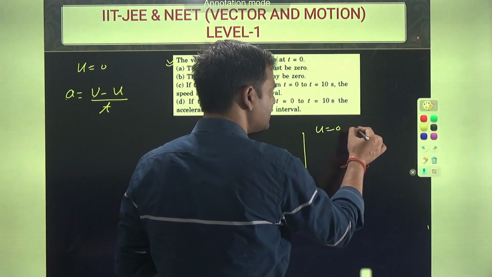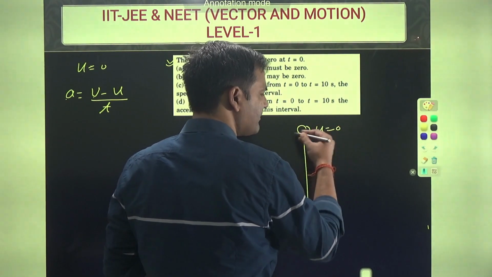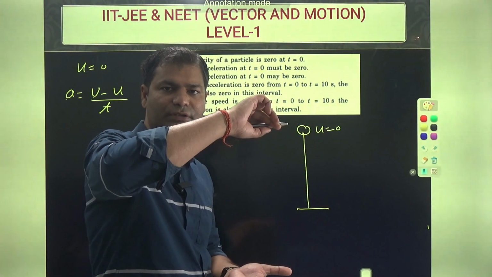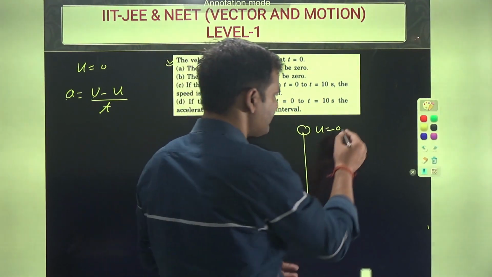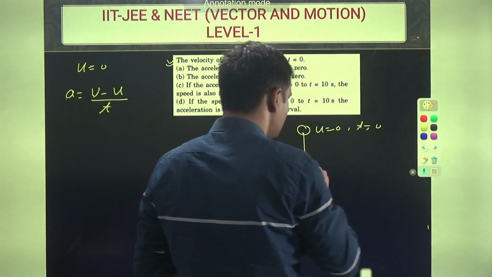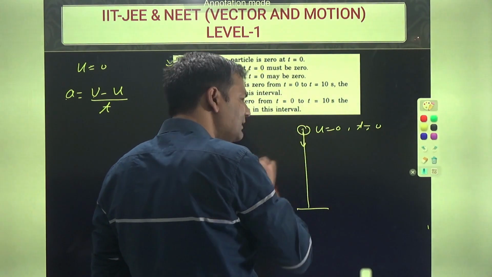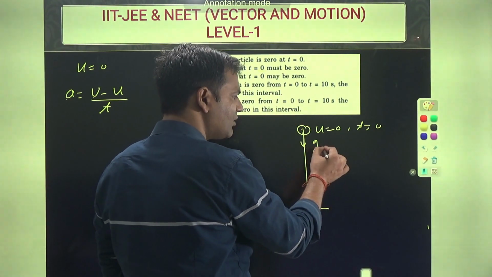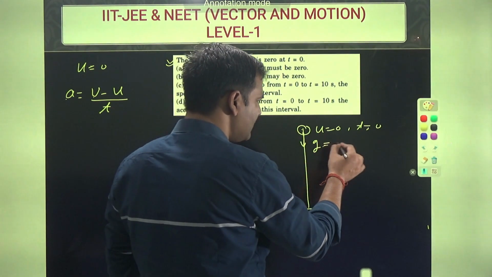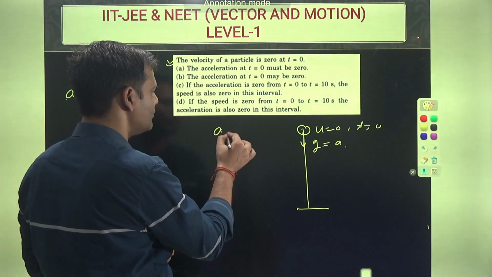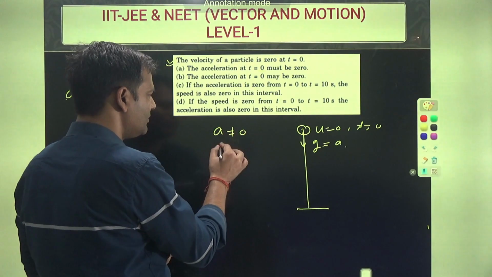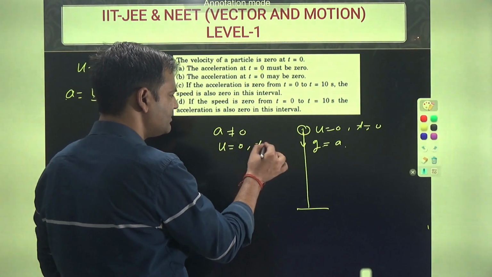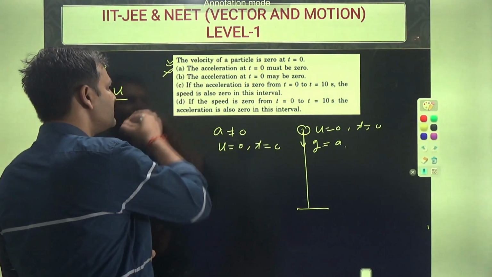The initial velocity of this pen is 0, or not? But what about the acceleration at that time? That is g, toward the ground. So is a 0 or not? No, a is not 0, but u is 0 at t = 0. So option A is incorrect.